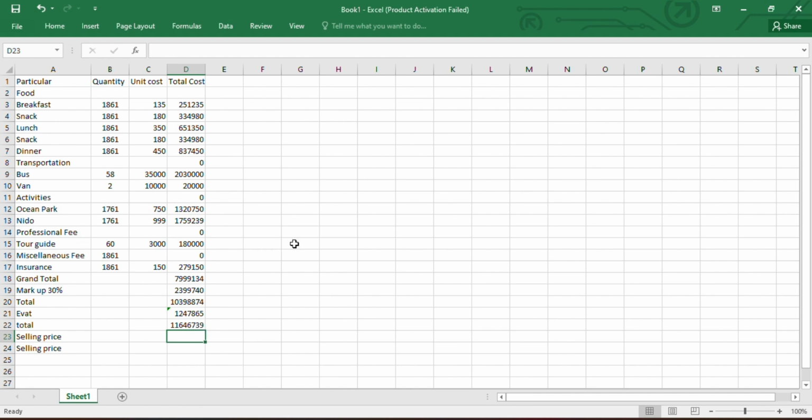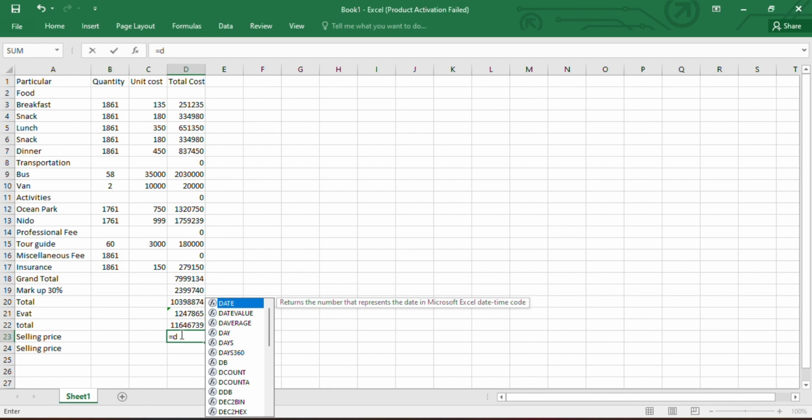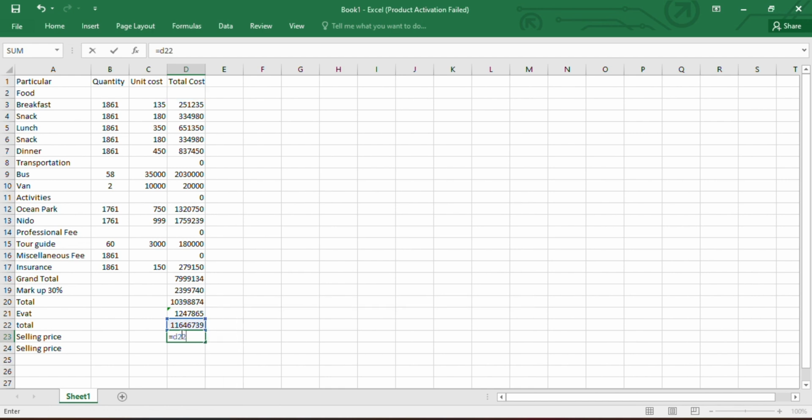And for our selling price, we're going to compute the D22 divided by 1,861, and then you'll get the answer.